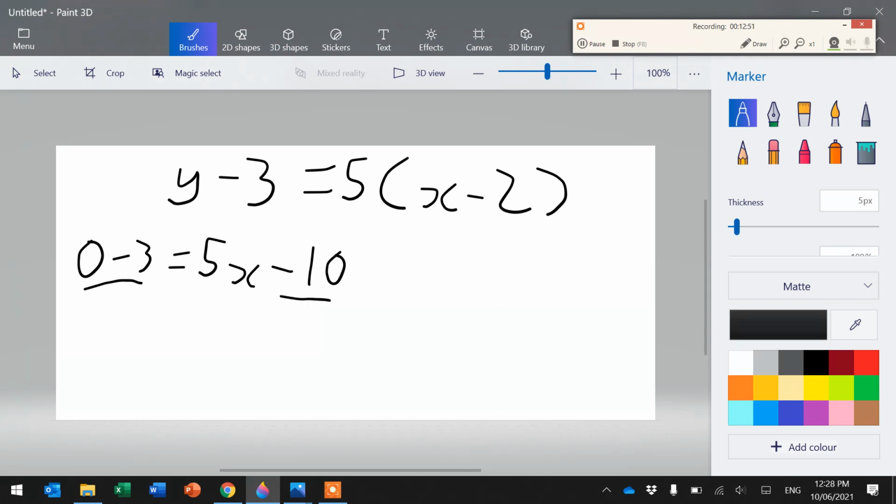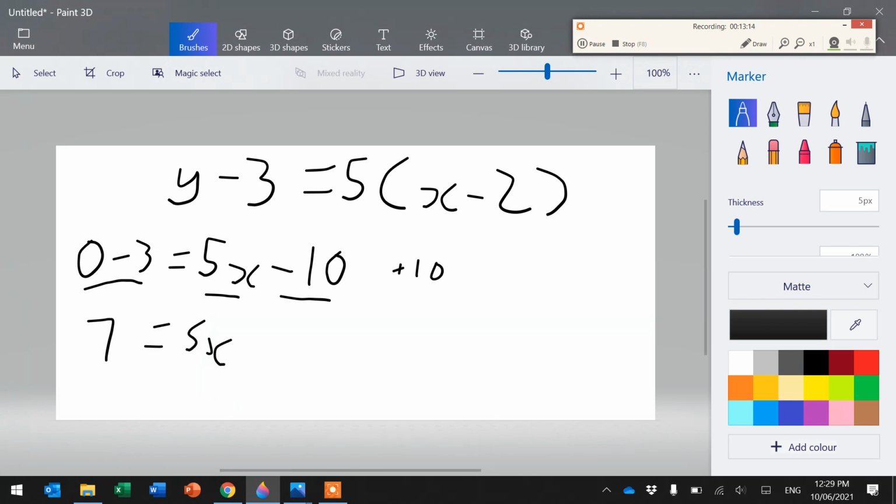We will plus 10 because that's the biggest number of the two, that way we get the x with the coefficient in front of it. So if we plus 10 to both sides, minus 3 plus 10 equals 7, and that is going to equal 5x.